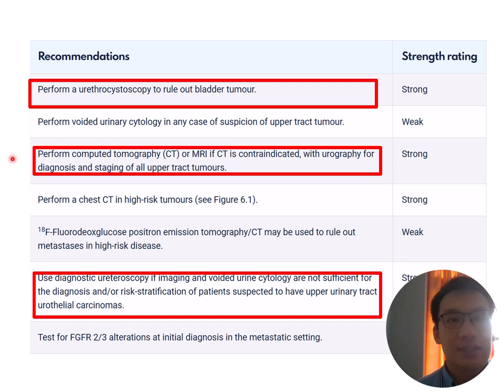You perform a CT or MRI, and you perform an MRI only if CT is contraindicated, for diagnosis and staging of all upper tract urothelial tumor. And you perform a diagnostic URS if the imaging and voided urine cytology are not sufficient for the diagnosis and or risk stratification of patients suspected to have upper tract urothelial cancer.